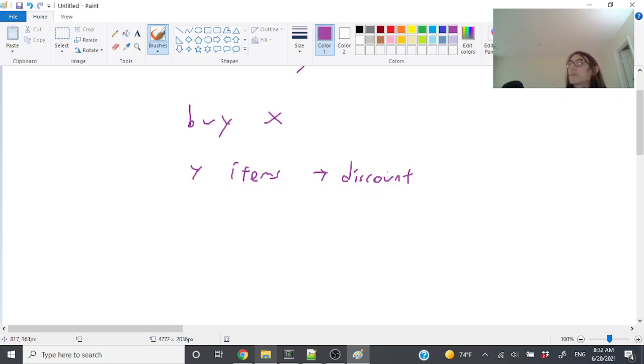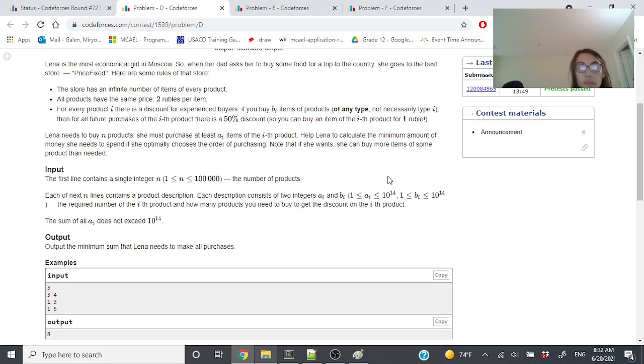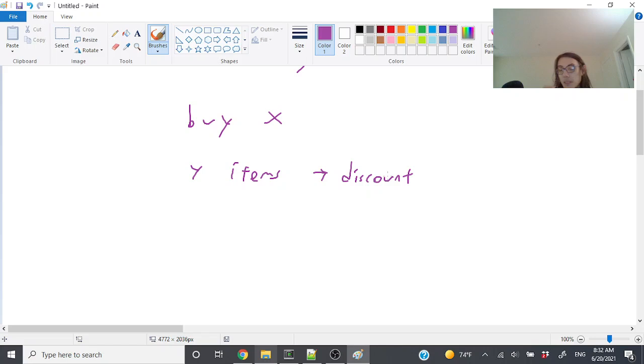Right, so we only want to buy from the cheapest item when we can get it discounted, or maybe we can't get a discount at all, but we want to buy from it only when it's discounted. So what do we buy from to try and get that discount?